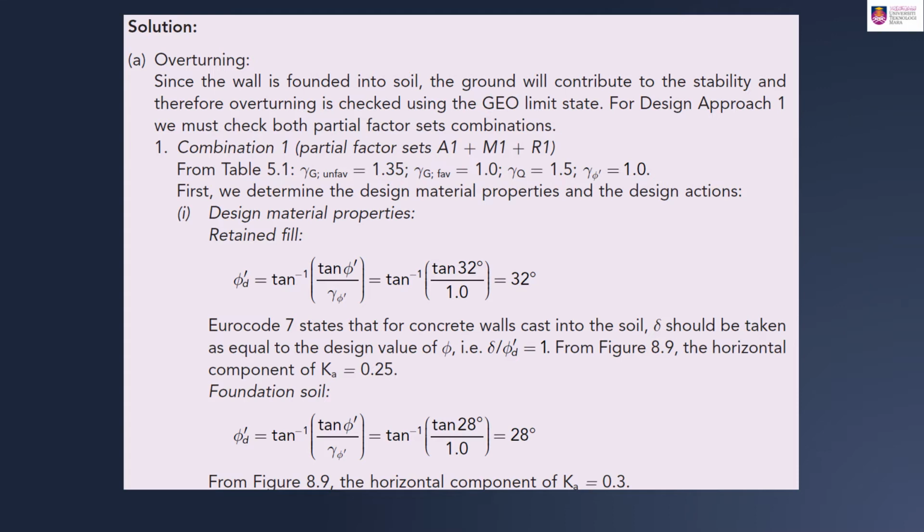So for this case, we take the value 1, and the horizontal component of the active coefficient is 0.25. While for the foundation soil, the effective phi is equal to 28 degrees. Therefore, the horizontal component of the lateral earth coefficient Ka is 0.3.